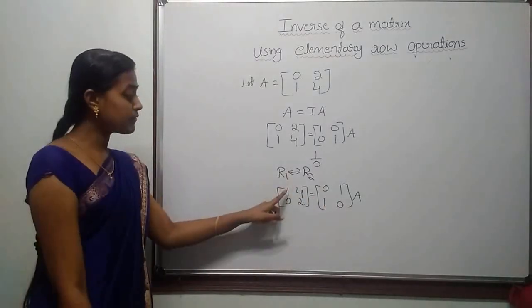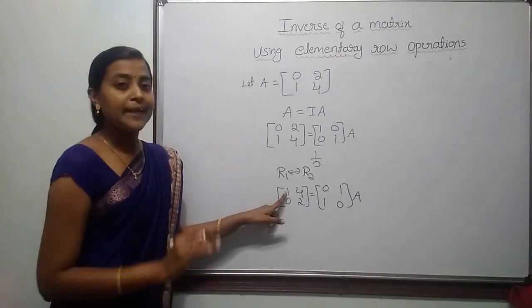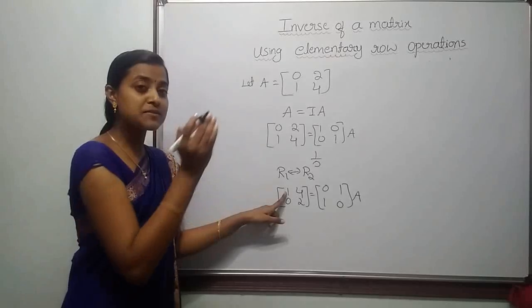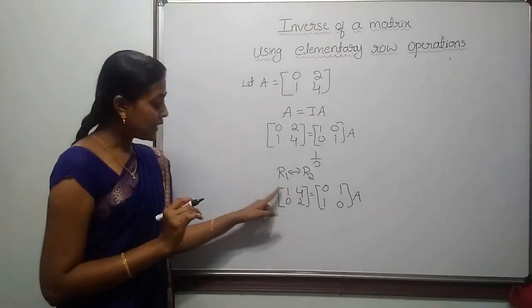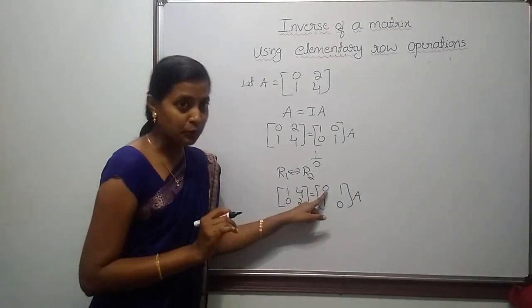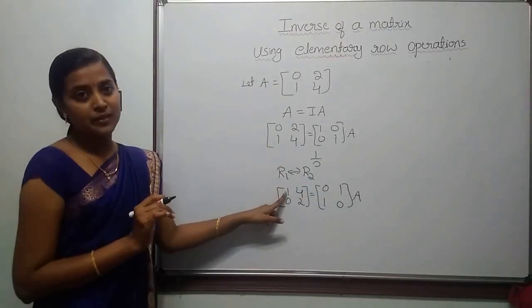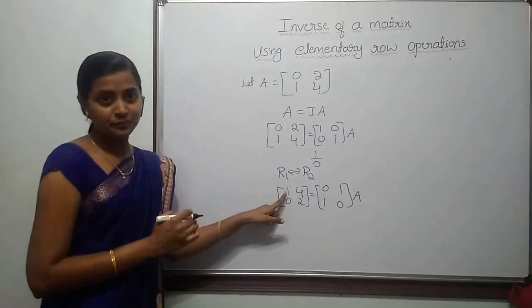Now observe here, we have obtained the first element non-zero. If the first element is non-zero, then we know the method to reduce the first element to 1. What is it? Multiply that particular first row with the reciprocal of the first element. But here, the first element is already 1.